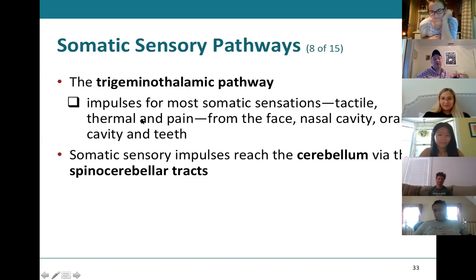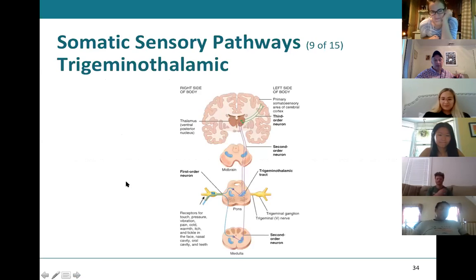So the point is this, see if I can show it to you. Take a look here. Trigeminal nerve, right here, number 5, trigeminal thalamic pathway, receptors for touch, pressure, vibration, cold, coming through your teeth. Notice what they do here.